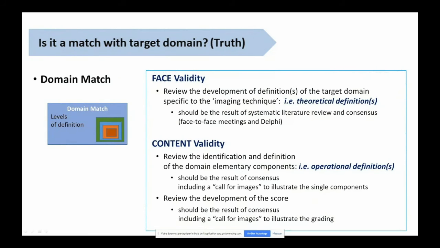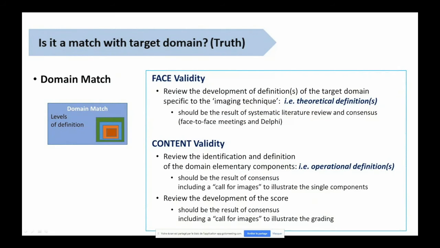Then the content validity. The content validity in that case is to review the identification and definition of the domain elementary components, what we called operational definitions. And for this, we have told that this should be the result of consensus, including a call for images to illustrate the single components. For example, for ultrasound, we define what a synovitis is, an ultrasound detected synovitis, using a Delphi exercise.